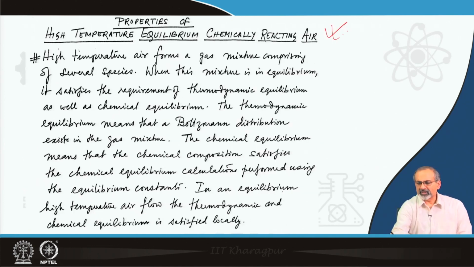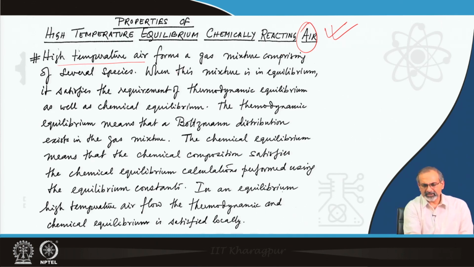With what we derived for a general gas mixture, we can also look at air in specific, because that is the most commonly handled medium when we are studying aerodynamics. So, here we would look in particular into the properties of high temperature equilibrium chemically reacting air.